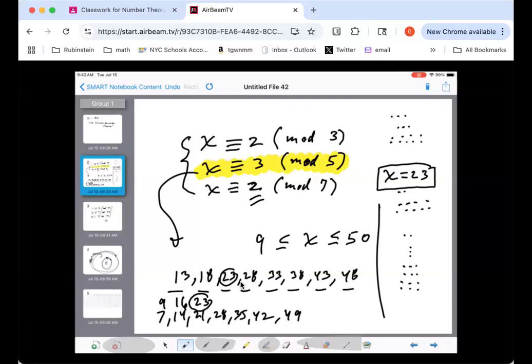Do you mean why is the answer 23? Verifying the answer? Okay, so let's take a look. To verify that the answer is correct, which is important because it goes into what the question's asking: if I take 23 and divide by 3, I get 7 remainder 2, and that's where that 2 is. It doesn't care at all about the 7. But if I take 23 and divide by 5, I get 4 remainder 3.